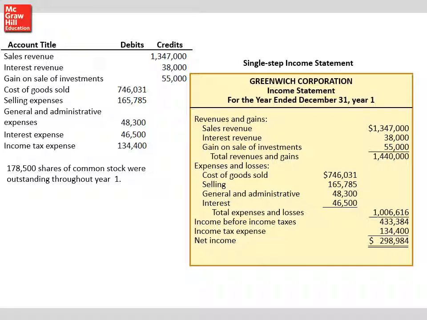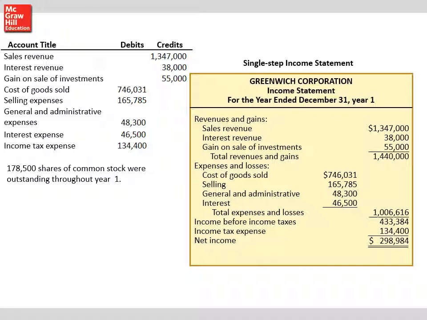Now before we go there, don't forget we still need to calculate earnings per share. Earnings per share, remember, is net income minus preferred dividends if the company has any. Now why do we subtract those? Well, earnings per share is calculating how much earnings was made for one share of common stock. Net income is the earnings for both common shareholders and preferred shareholders. Remember, preferred shareholders get their part of the earnings, dividends, first.